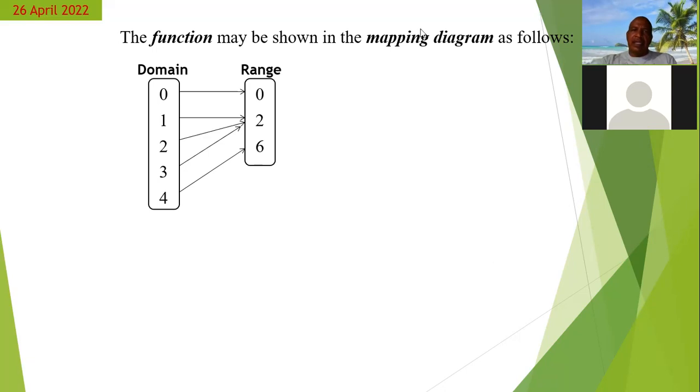All right, so let us check and see. Each element in the domain, how many elements does 0 map onto? 1. How many elements 1 maps onto? 1. How many elements 2 maps onto? 1.